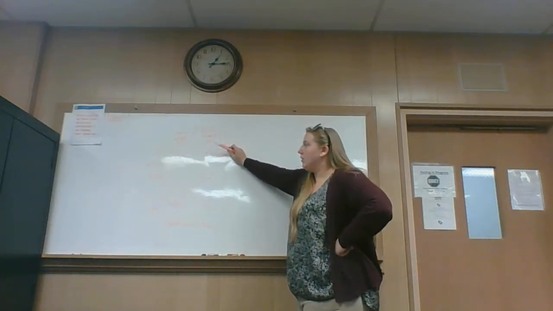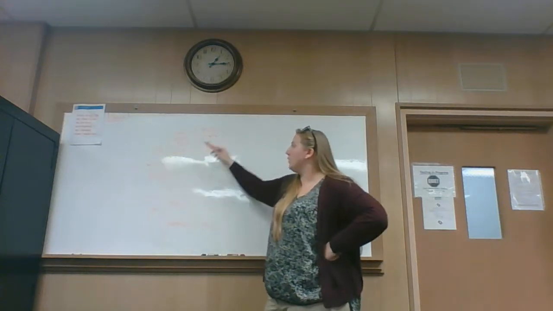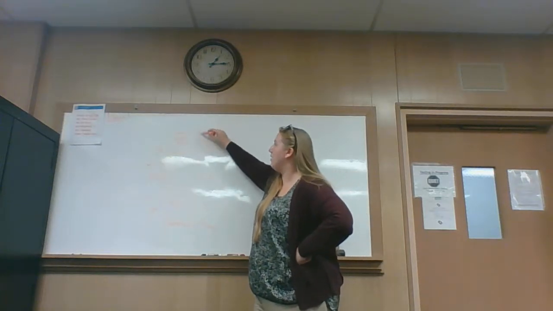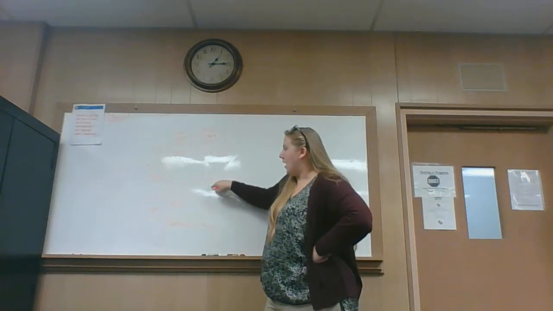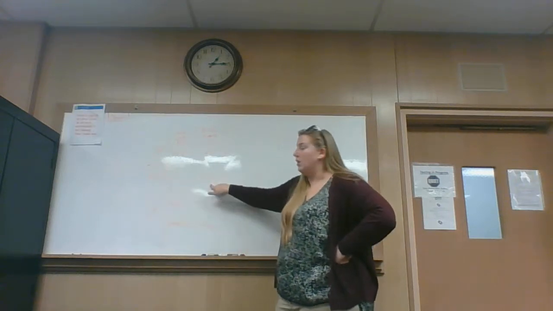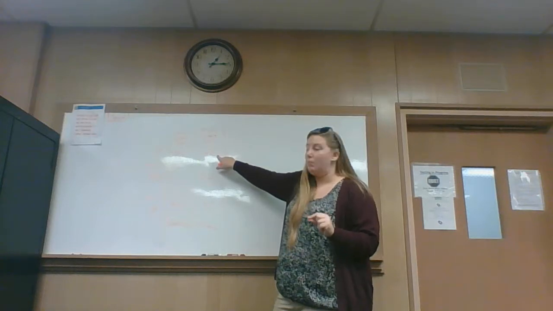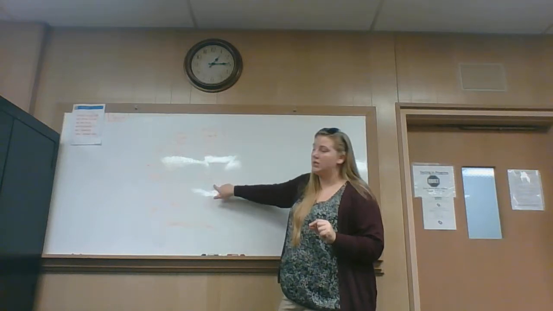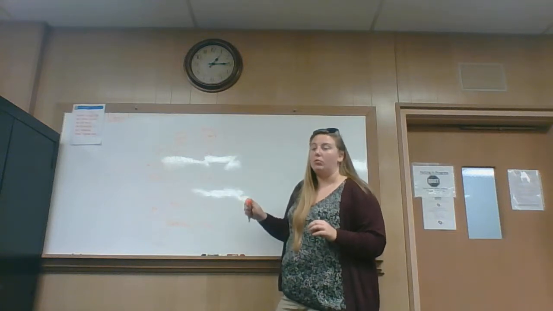Unfortunately, E2 reactions, when we're talking about primary alkyl halides, really only occur if you have a very bulky and strong nucleophile. More of the time, you have secondary or tertiary reacting in an E2, okay? So there are some situations where this will happen with primary, but most of the time it happens with secondary or tertiary. So I just want to try and make that a little bit more clear.